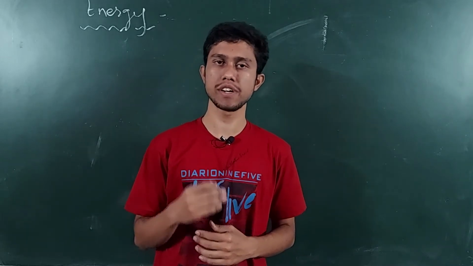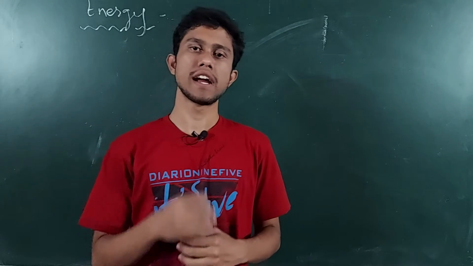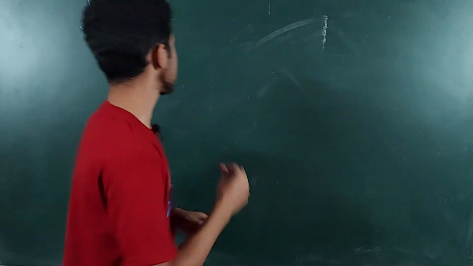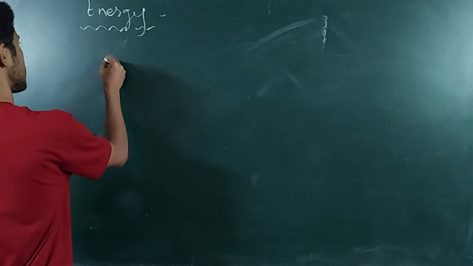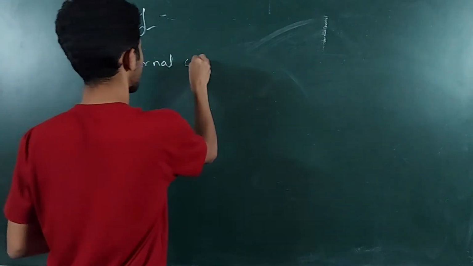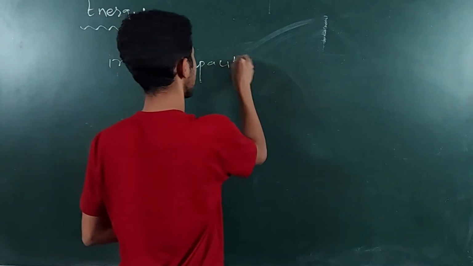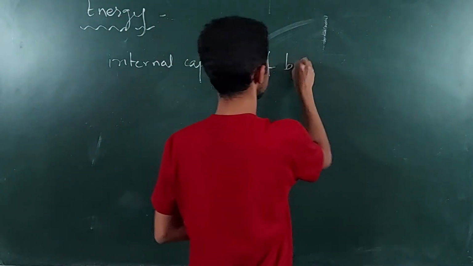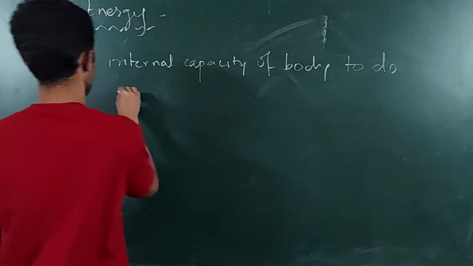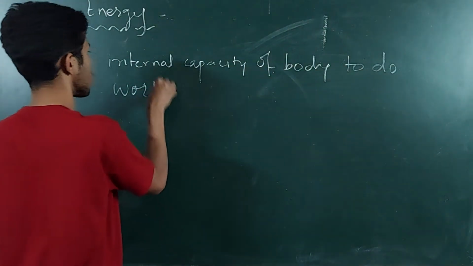But before proceeding to different types of energy, we'll see the Einstein's energy mass equivalence. So what is energy? Energy is defined as the internal capacity of body to do work.